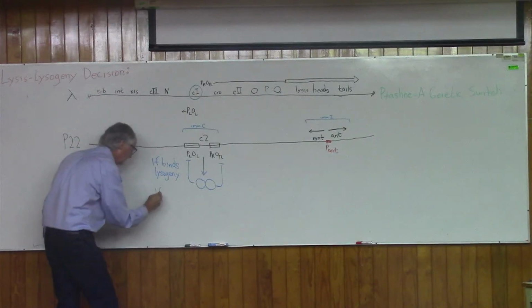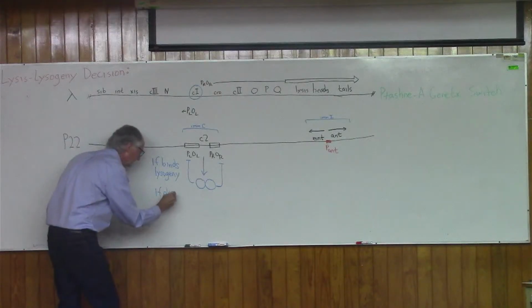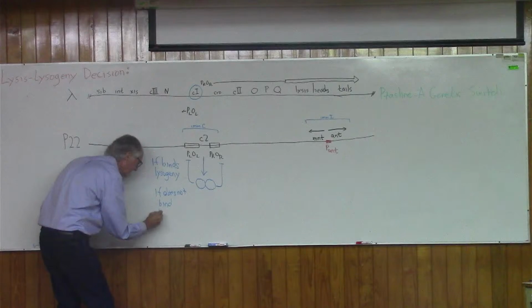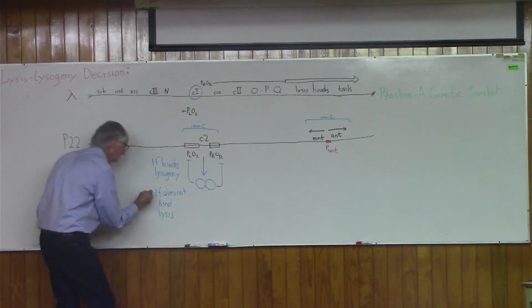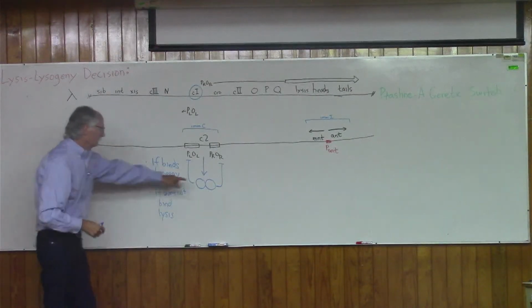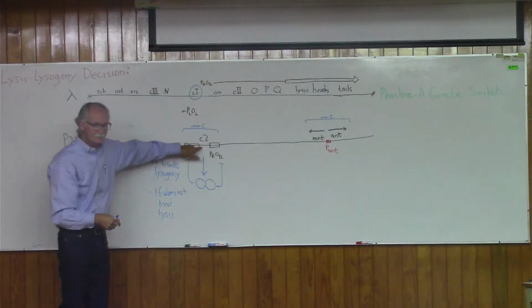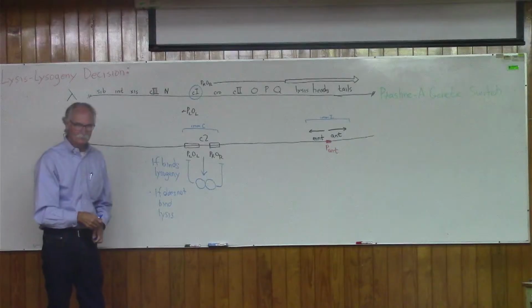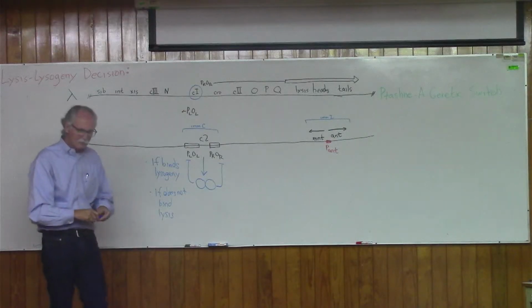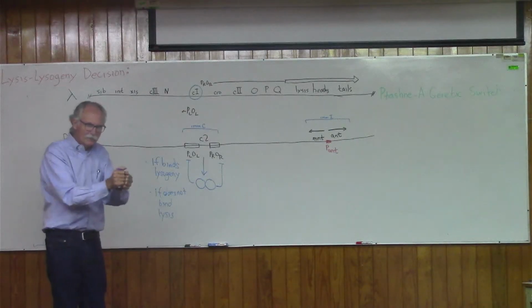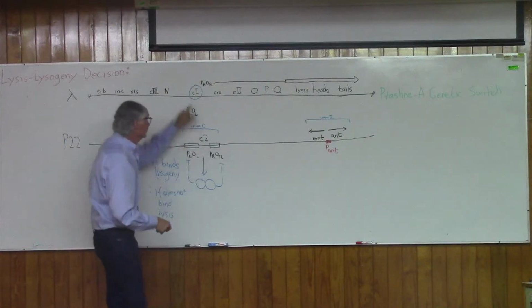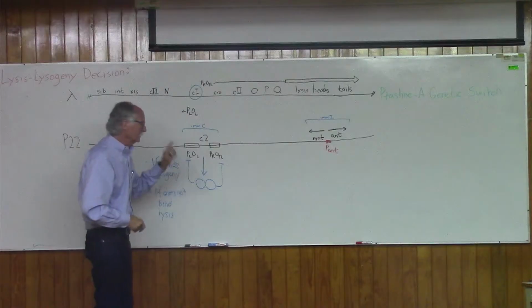If it does not bind, then you get lysis. Protein DNA site interaction, right? It relates to everything you've ever learned about proteins binding to DNA. Now, this is how lambda gets regulated.